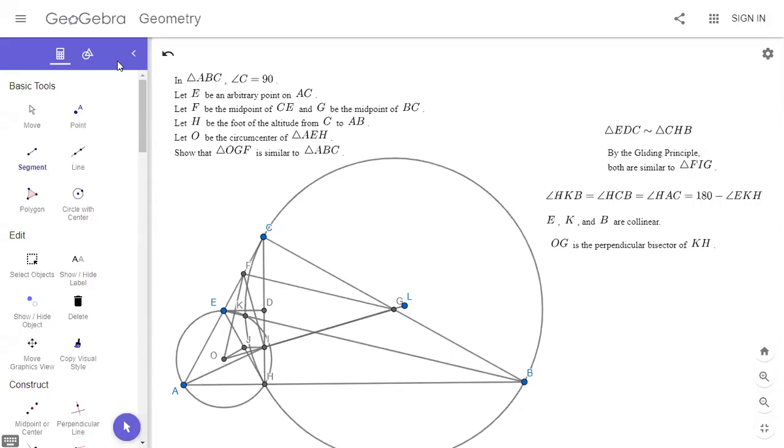Yeah, let's see. And what's also interesting is OF is the perpendicular bisector of EK. So I wonder if that helps us.